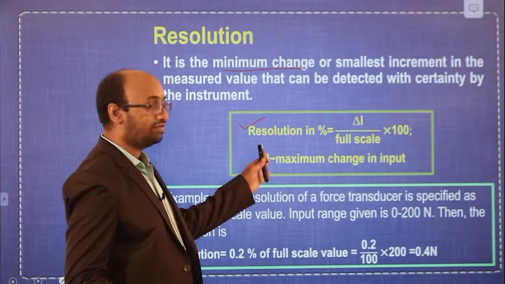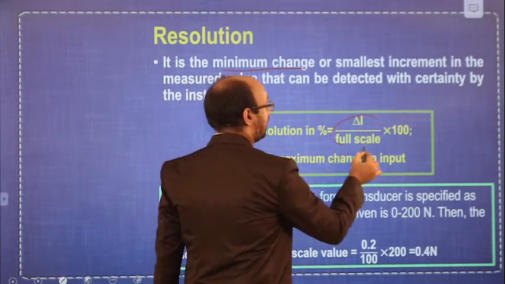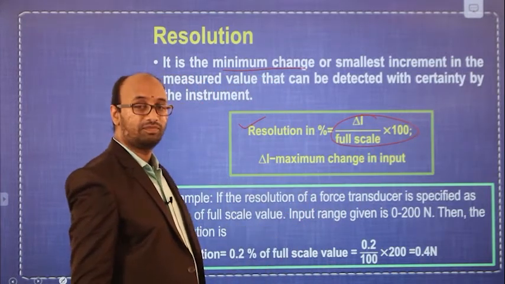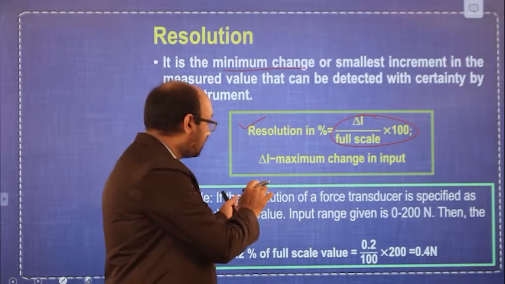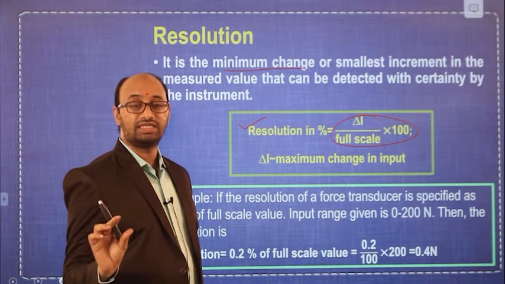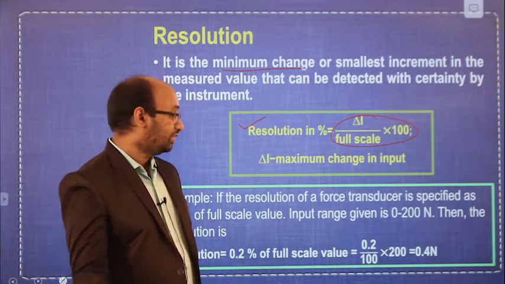So this percentage of resolution is defined as the ratio of delta I by full scale into 100, where delta I is the maximum change in the input. For this maximum change in the input, there will be a change in the output. Smallest possible change in the input that can be certainly detected by the instrument is called resolution.